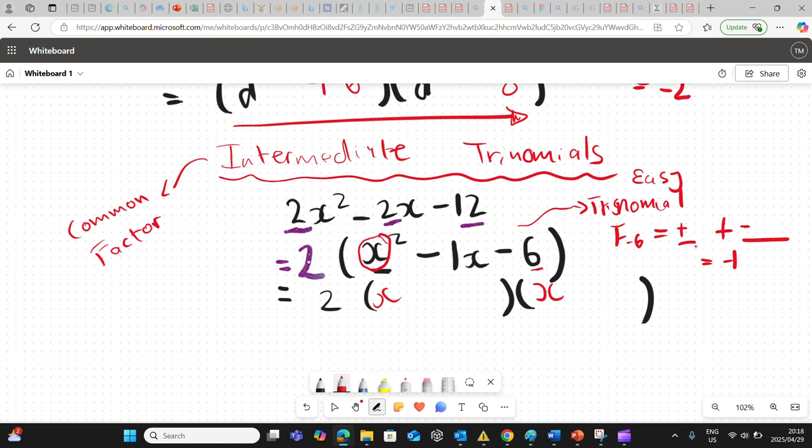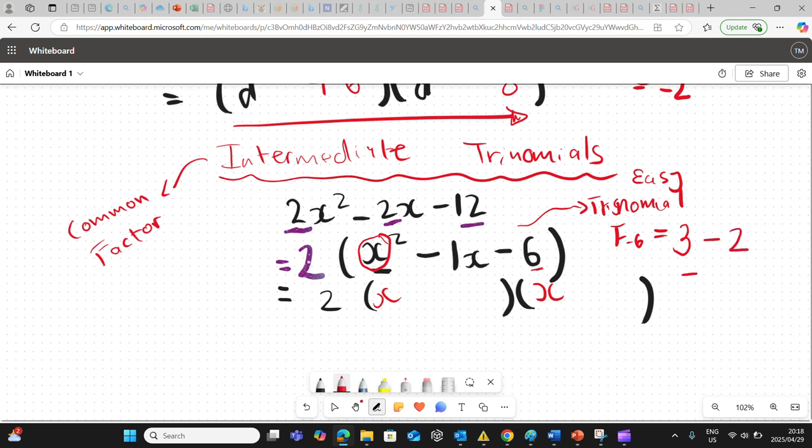So let me substitute these factors. So I'm thinking, what about a +3 with a -2? What do these give you?